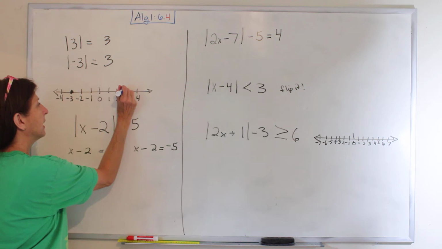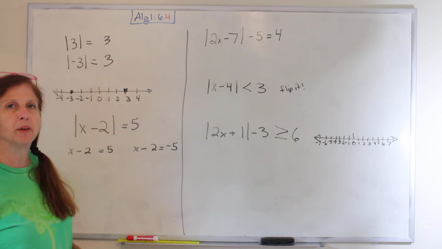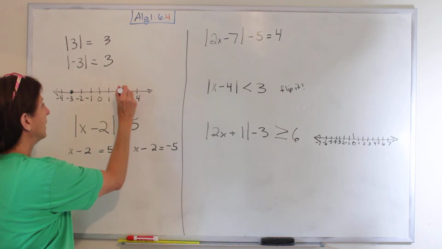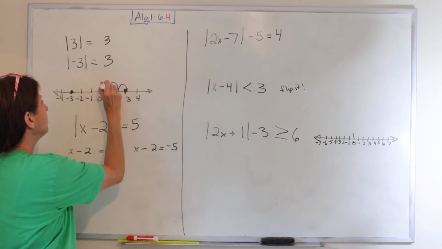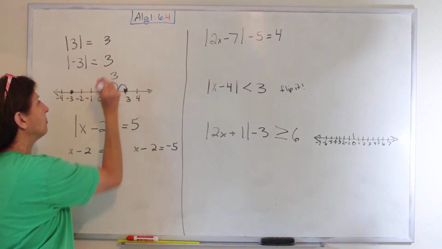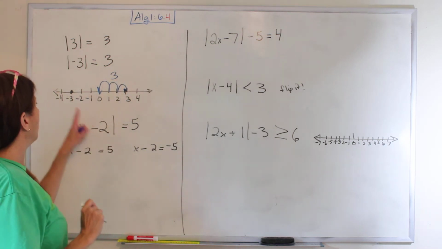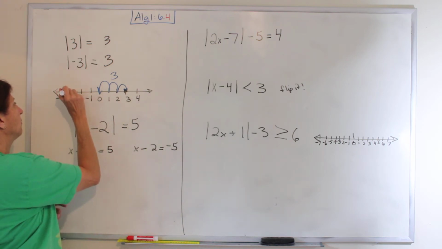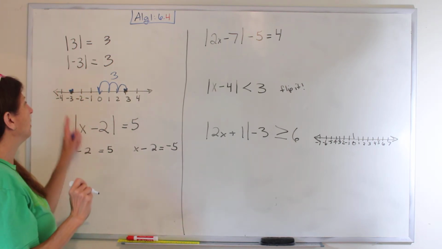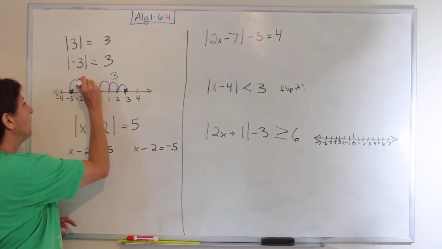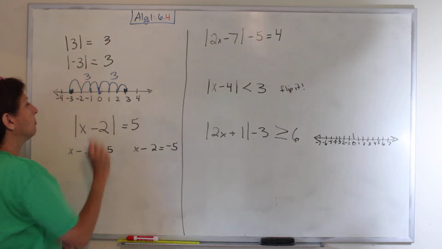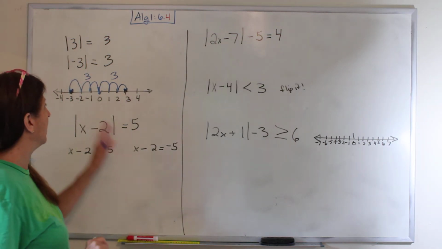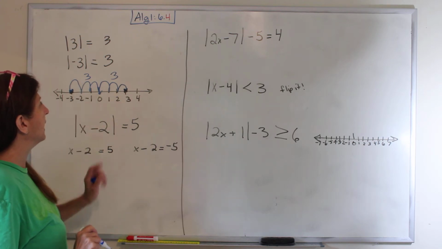So let's make him look like a frog. He looks like Kermit the Frog now. I just watched The Great Muppet Caper again. 1, 2, 3 frog hops to get back to 0. What about if Kermit starts at negative 3? Then he takes 1, 2, 3 frog hops to get back to the origin. Both of them are 3.